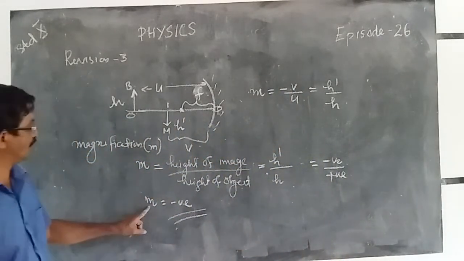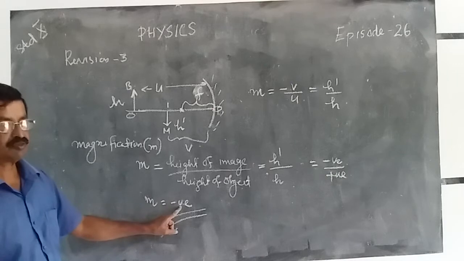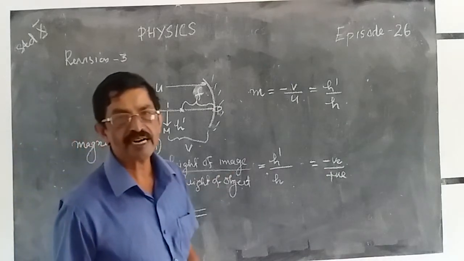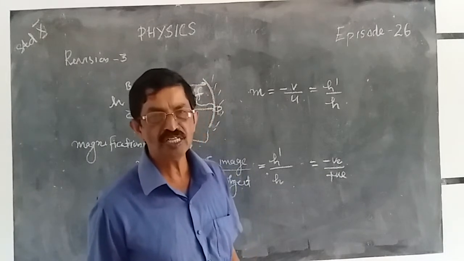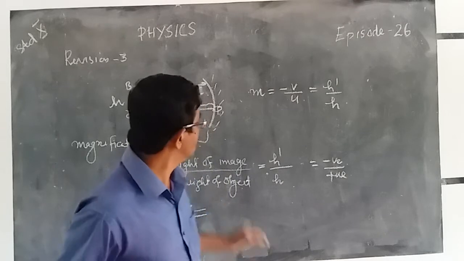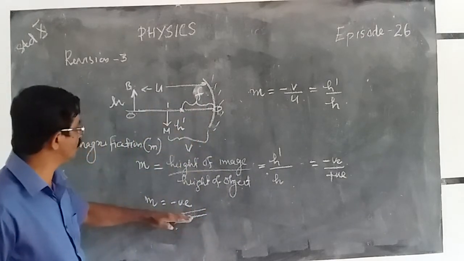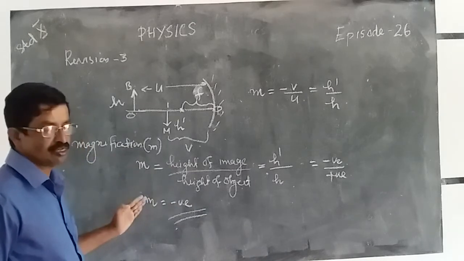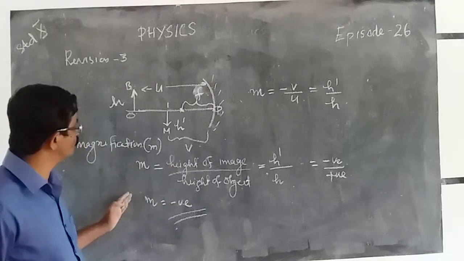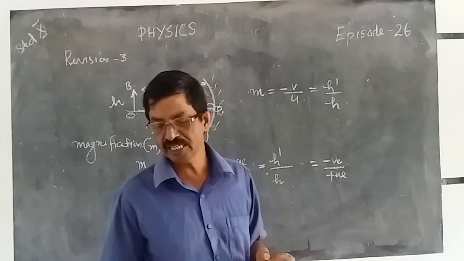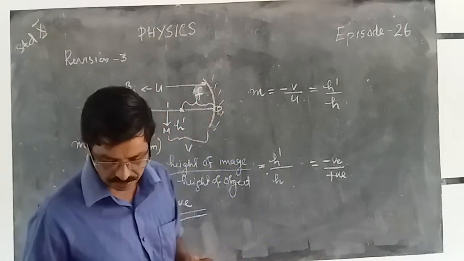If the magnification is negative, then the image is real. That is the conclusion we can get from this magnification. And when is magnification positive? If the magnification is positive, then the image is virtual.